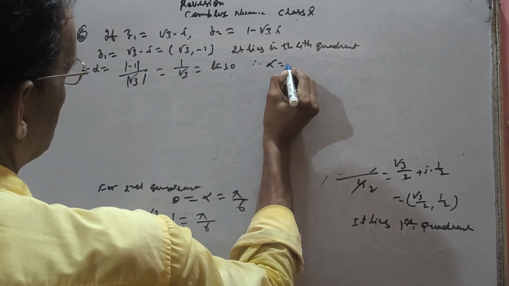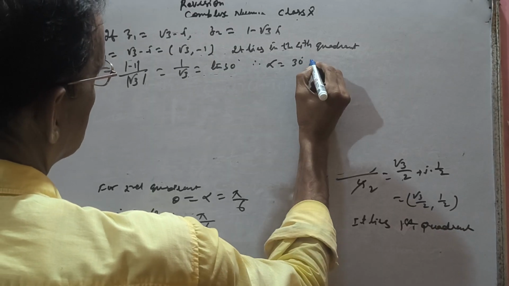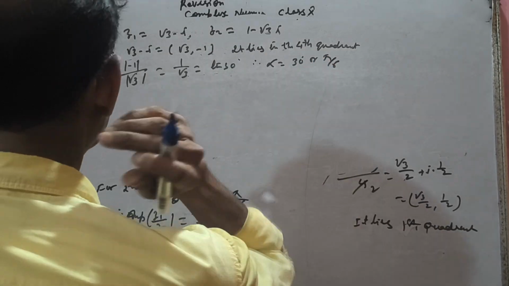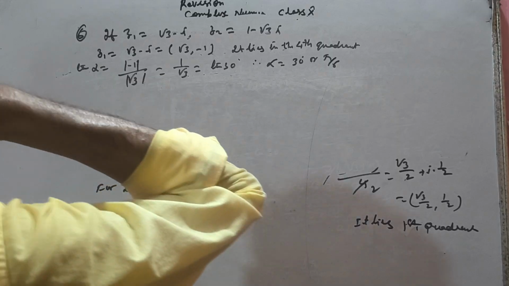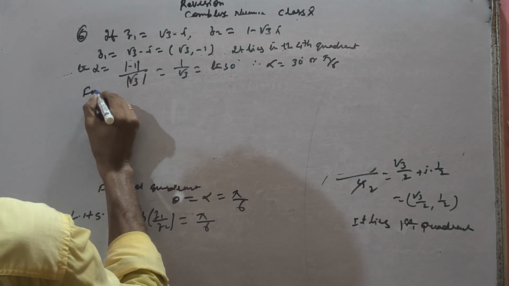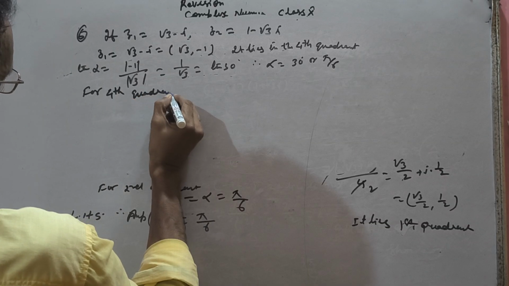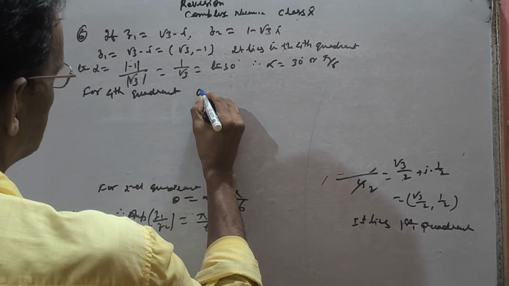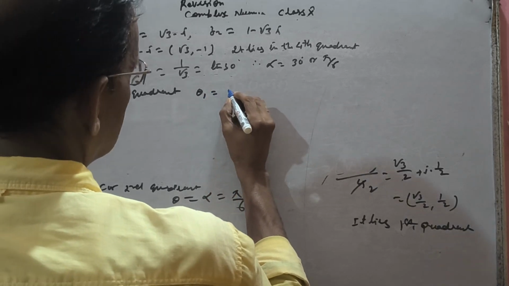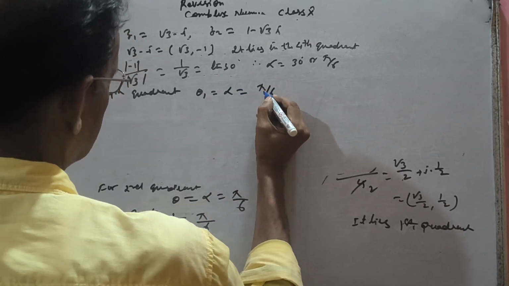So therefore alpha equal to 30 degree or pi by 6. For the fourth quadrant, what will you get? Theta 1 equal to minus alpha, which is minus pi by 6.